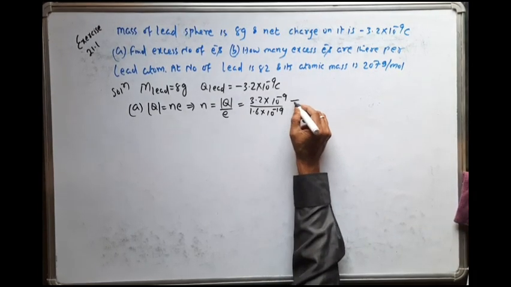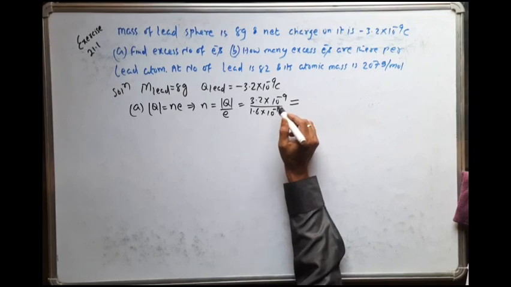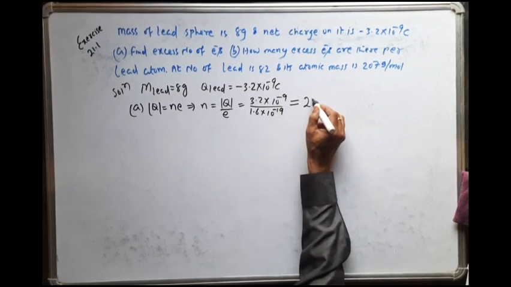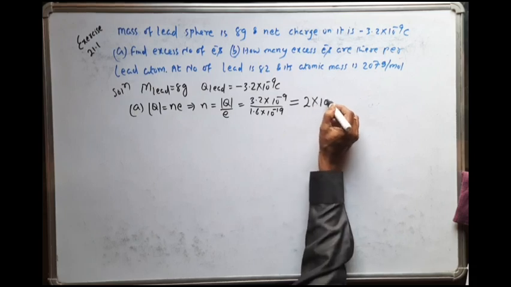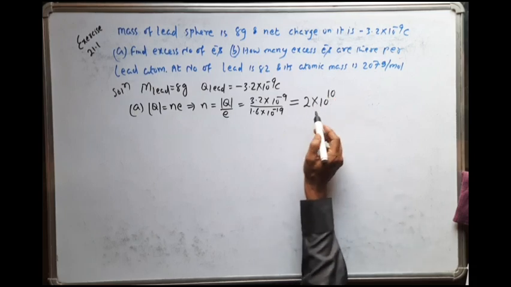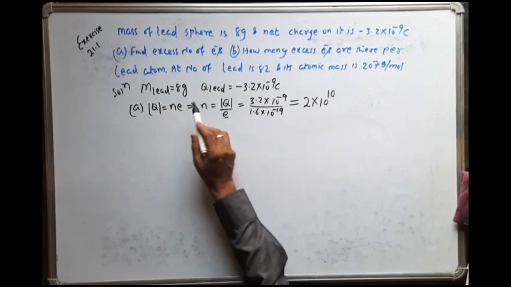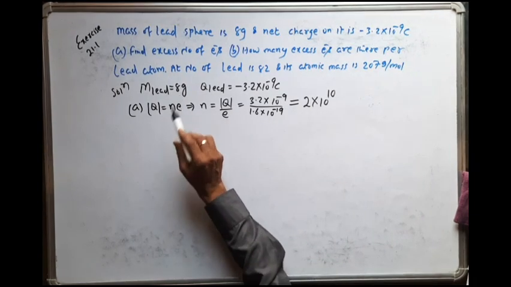If you divide, you will get 2 into 10 to the power 10. So this is the excess number of electrons present in the 8 gram lead sphere.